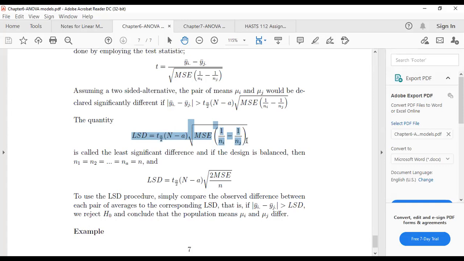The first treatment has got 4 observations, the second one has got 4 observations, and the third one has got 3 observations. That means you would calculate 2 LSDs. One with 1/4 and the other with 1 over 4, and then the other one will be 1/4 and 1/3.